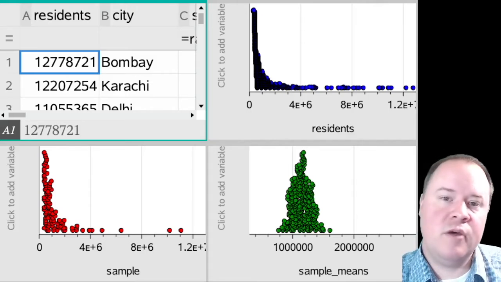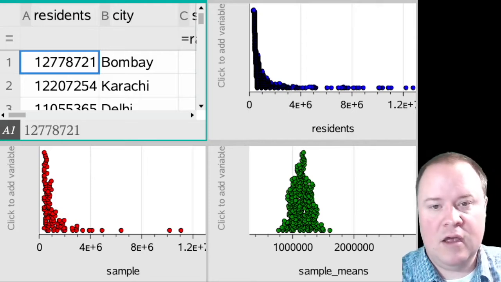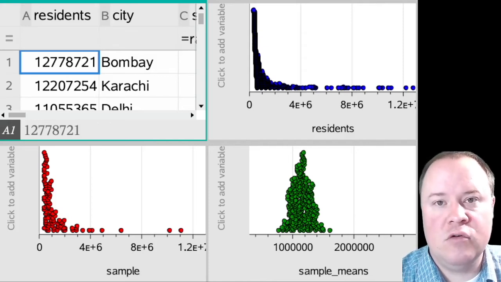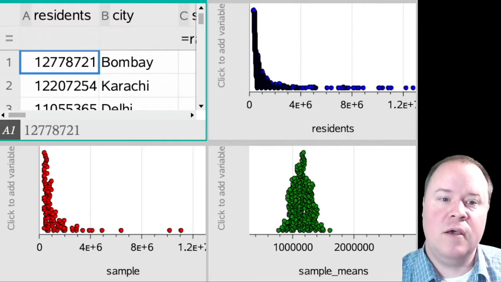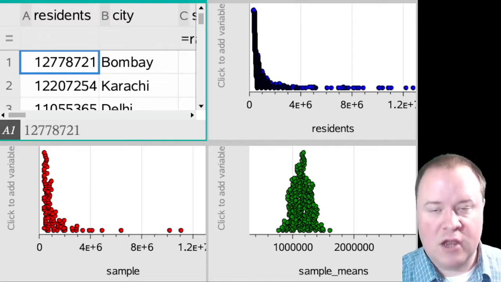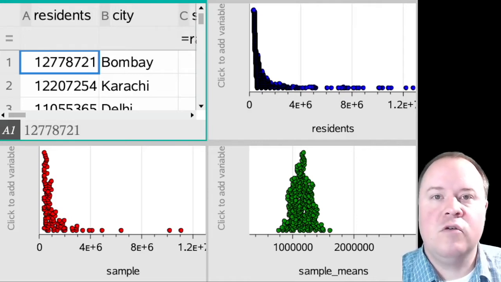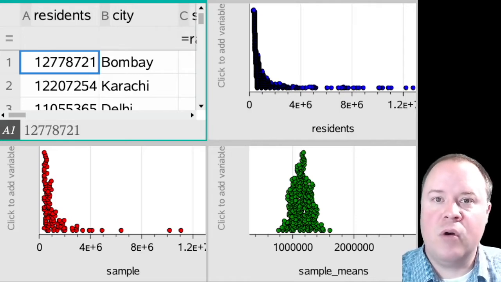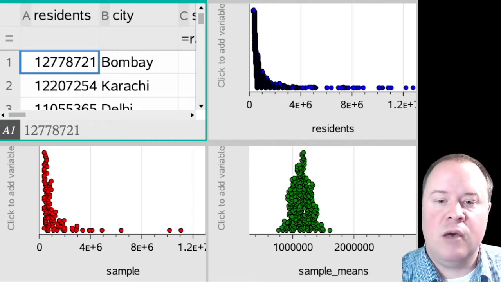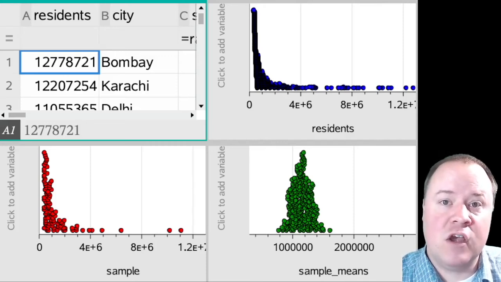The central limit theorem doesn't have to do with data itself, but with the sampling distribution: if you randomly sample from a population, regardless of whether it is highly skewed or symmetric, as the sample size increases, your distribution will become more and more like a normal distribution, which means it's going to be symmetric.